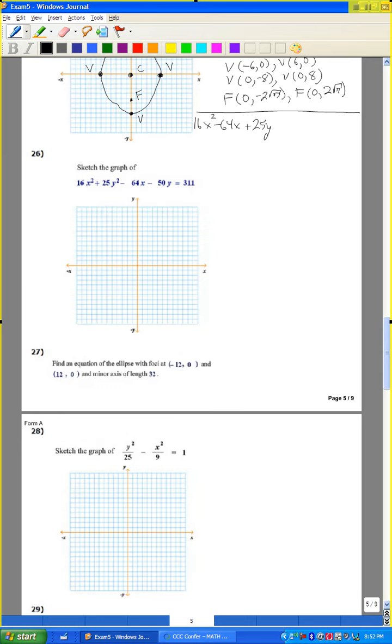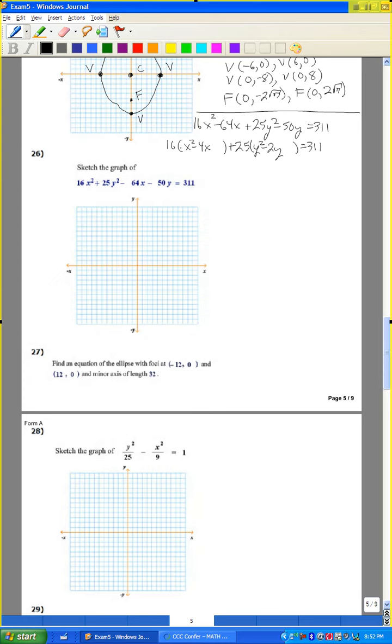So this is going to be an ellipse because the signs are the same.